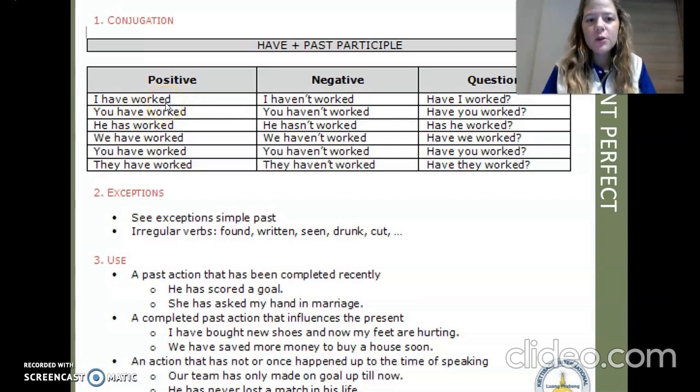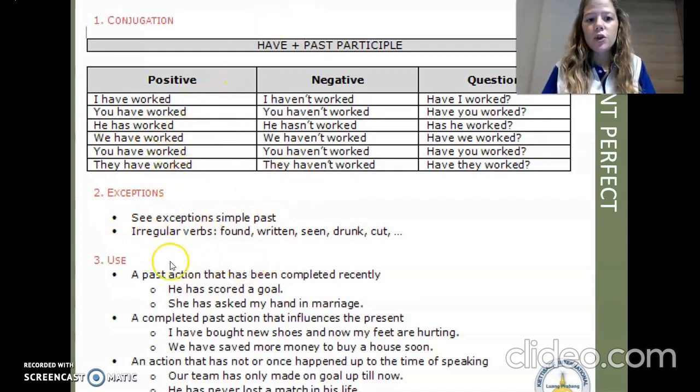Of course, that's only for the regular verbs. Irregular verbs are not formed this way. So it should be, for instance, I have found, you have written, or he has seen. So remember that third column, some past participle verbs are irregular. Keep that in mind. So that's the form.